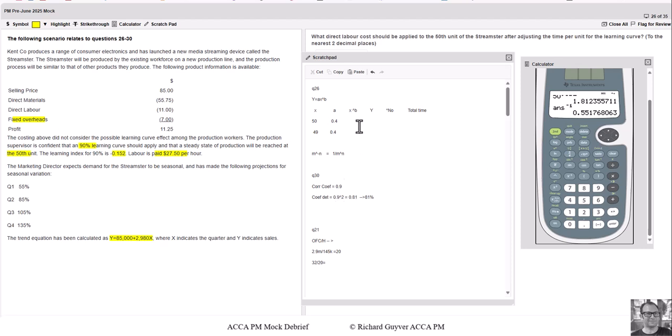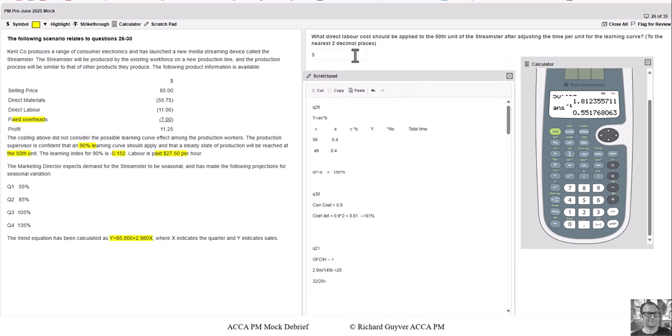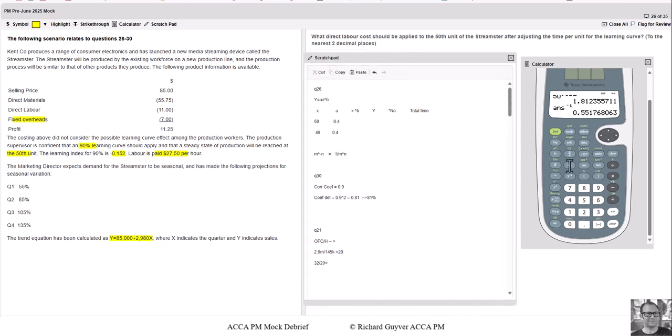Now I think we have to be very careful with decimal places. In learning curves, we need 2 decimal places, so I'm actually not going to fill this column in. I'm going to multiply by a, because we need y equals ax to the b. This would be what would go in this column. That's 0.5177 goes there.